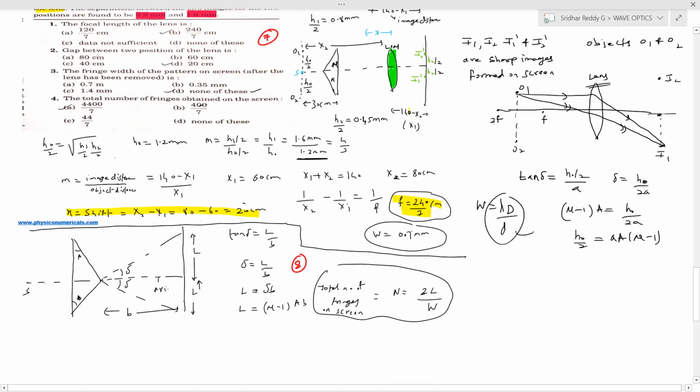So using this particular formula, I'll get the fringe width here. So what is capital D? Capital D is the total 140 centimeter. Small d is what? H naught.